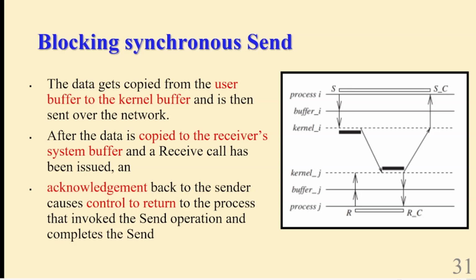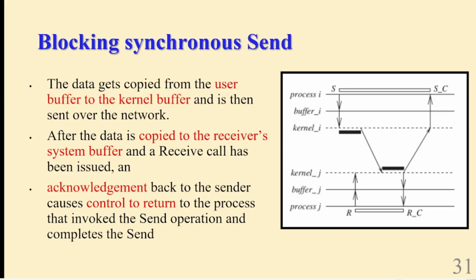Process I is the one which sends the data, and process J is the one which receives the data. S is the send primitive, R is the receive primitive, SC denotes that processing for send completes, and RC denotes that processing for receive completes.